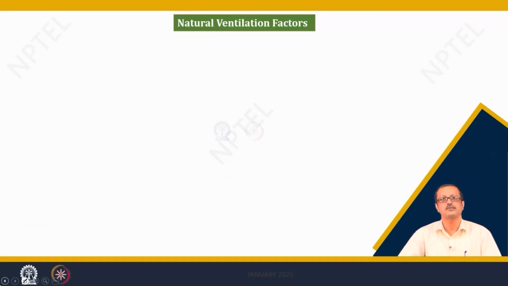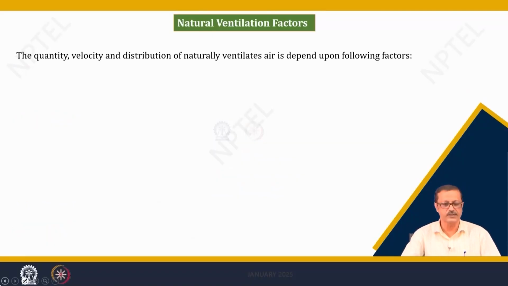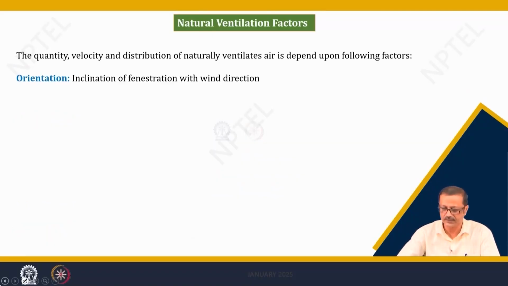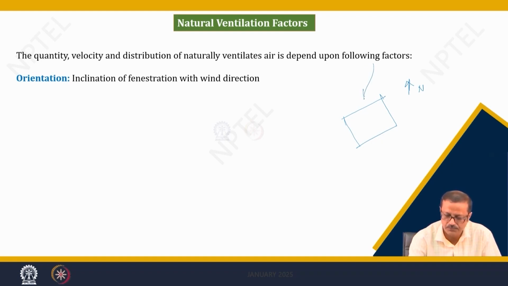Now, what are the different factors for natural ventilation? The first factor is orientation. A building is oriented in some direction, maybe this is the north and maybe this is the wind pattern.